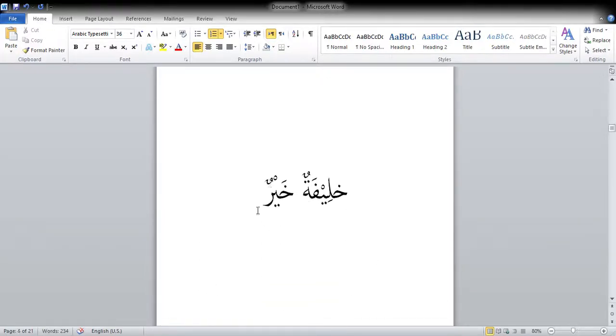Then we have Khalifatun Khayrun. Khalifatun is singular. It has a ta marbuta, so you would think it's feminine, but because it's generally used for masculinity, anything associated with it is also masculine. So Khalifatun Khayrun uses a masculine adjective.